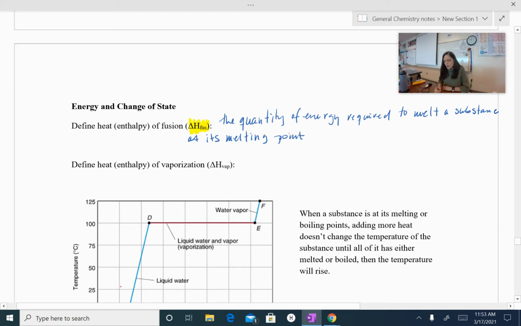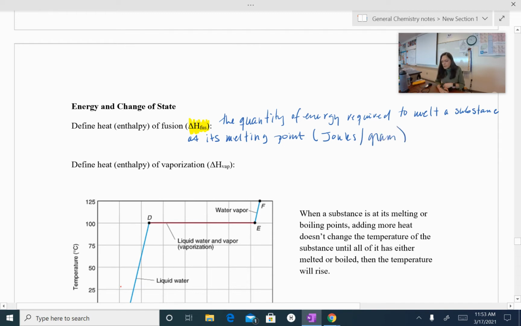We usually do the energy in terms of joules, and to melt a substance we usually have to do this by weight, so you'll find the units are joules per gram.